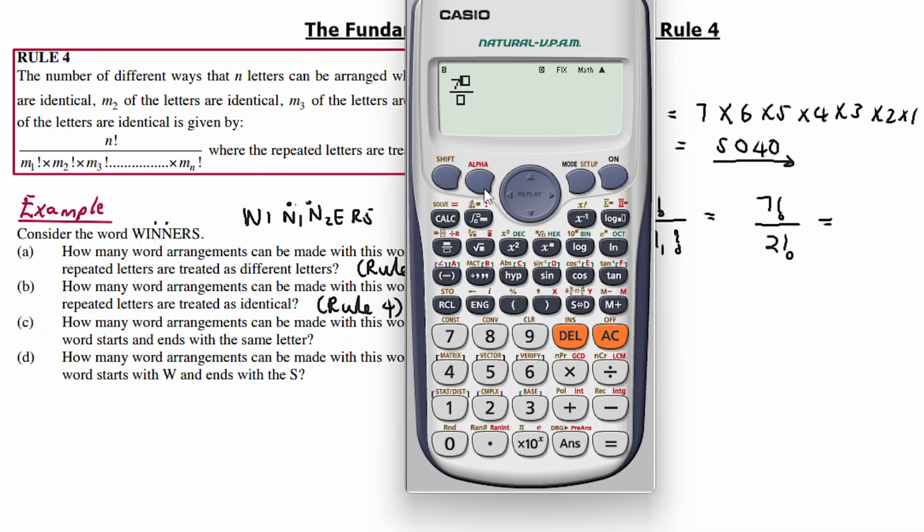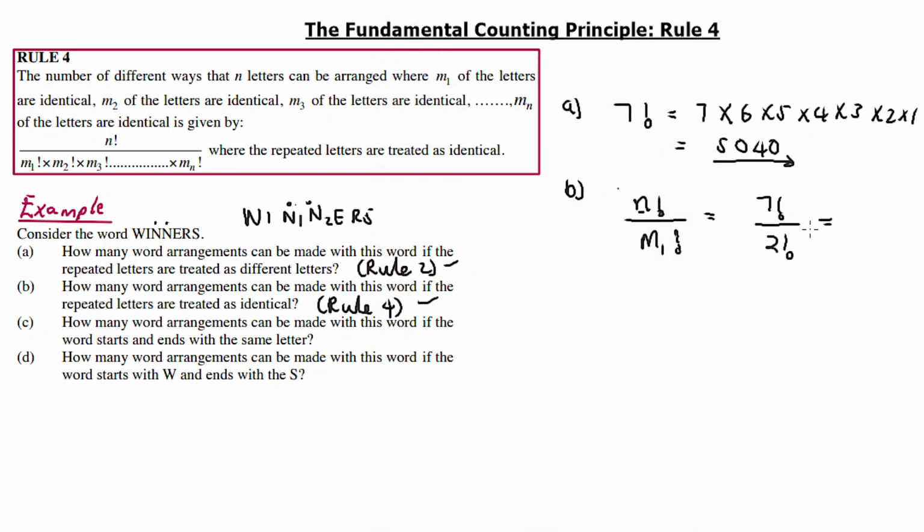Okay. 7 factorial over 2 factorial, it's 2520. C, how many word arrangements can be made with this word if the word starts and ends with the same letter.